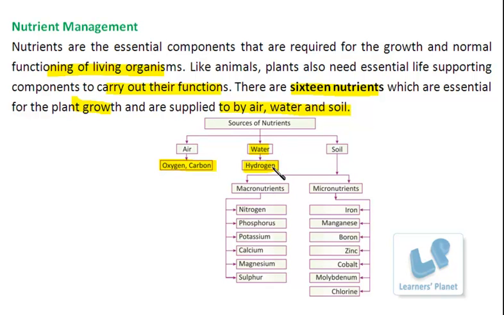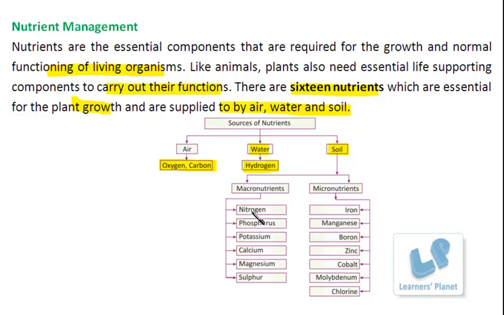Now the next part is the soil. Out of 16, 3 are supplied through the air and the water. The remaining 13 nutrients are supplied by the soil.